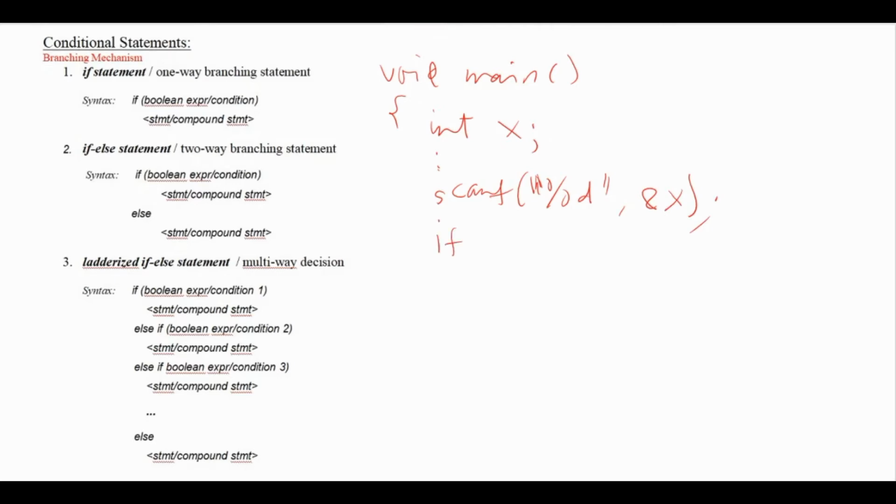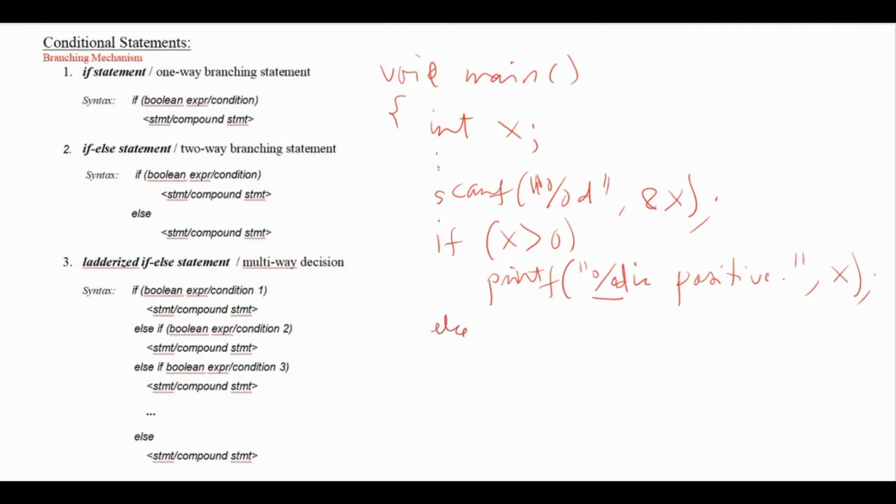So you could say if x is greater than 0, then we say %d is positive. And then for this conversion specification %d, we output the value of x.